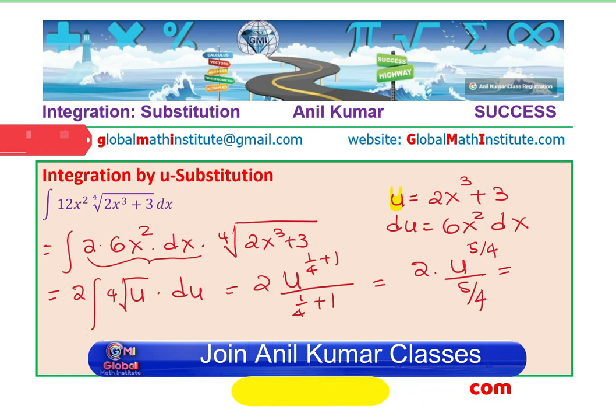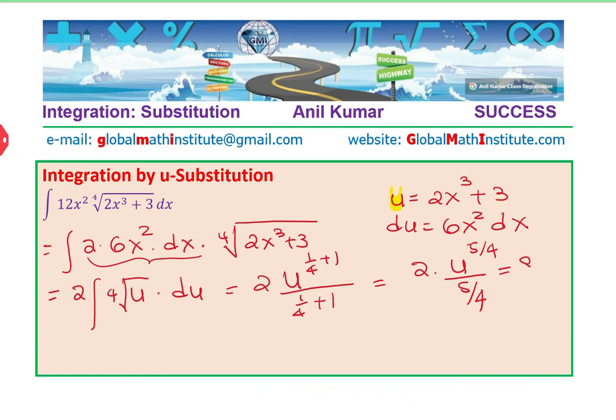Which is, you can do 8 over 5 u to the power of 5 by 4. Now, we are going to replace u with 2x cubed plus 3. We have 8 by 5 and power is 5 by 4. That is the exponent. And that is how we are going to solve it.